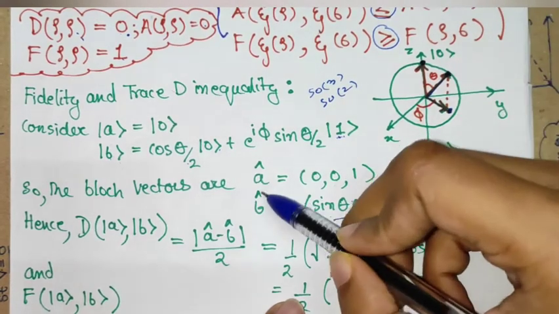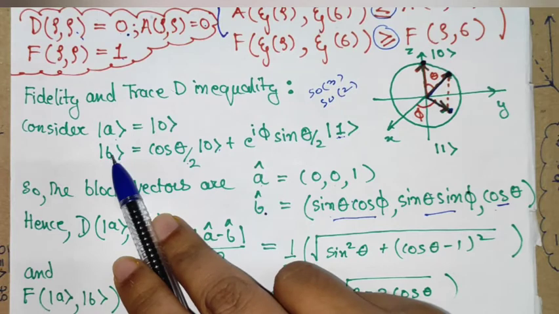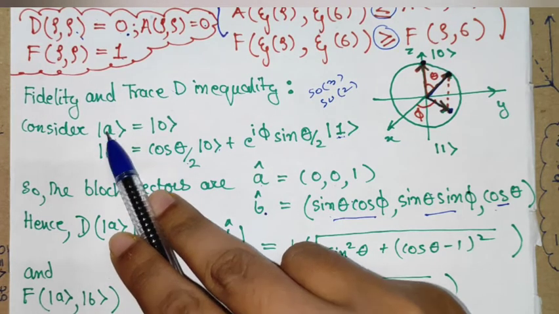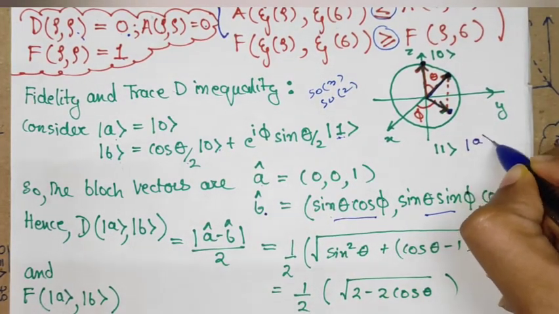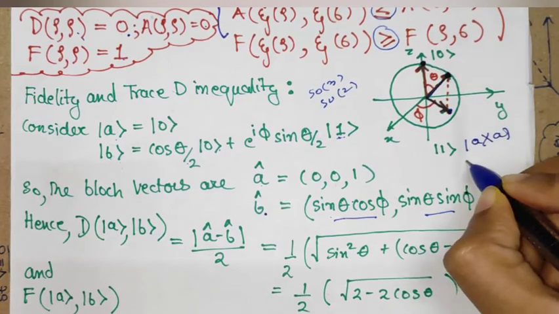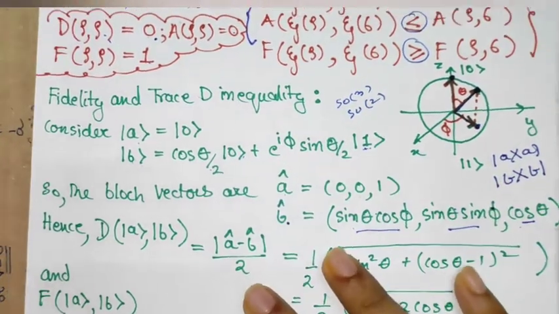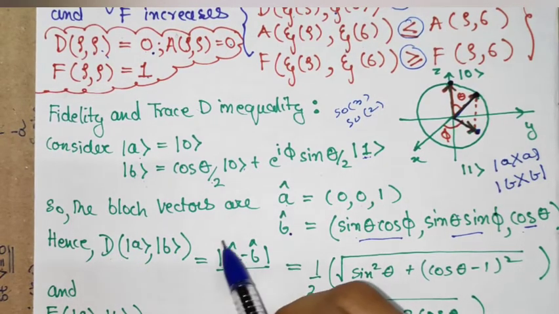Now given these A and B, the states that we see here, we can construct the density matrices corresponding to these states. And how will we do that? We will just write A, and similarly we will write B. So when we do that, we see the trace distance. This formula has also been discussed.